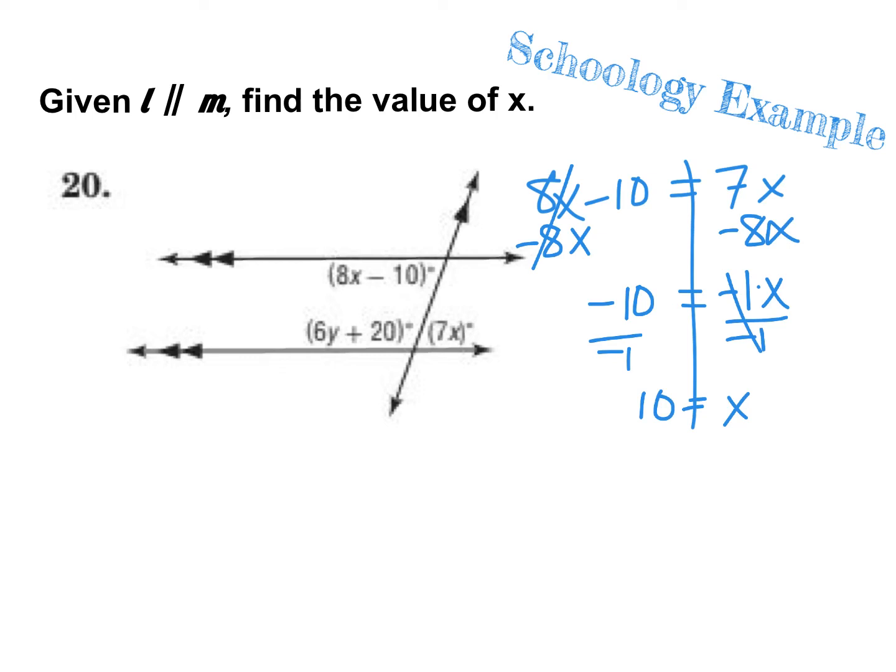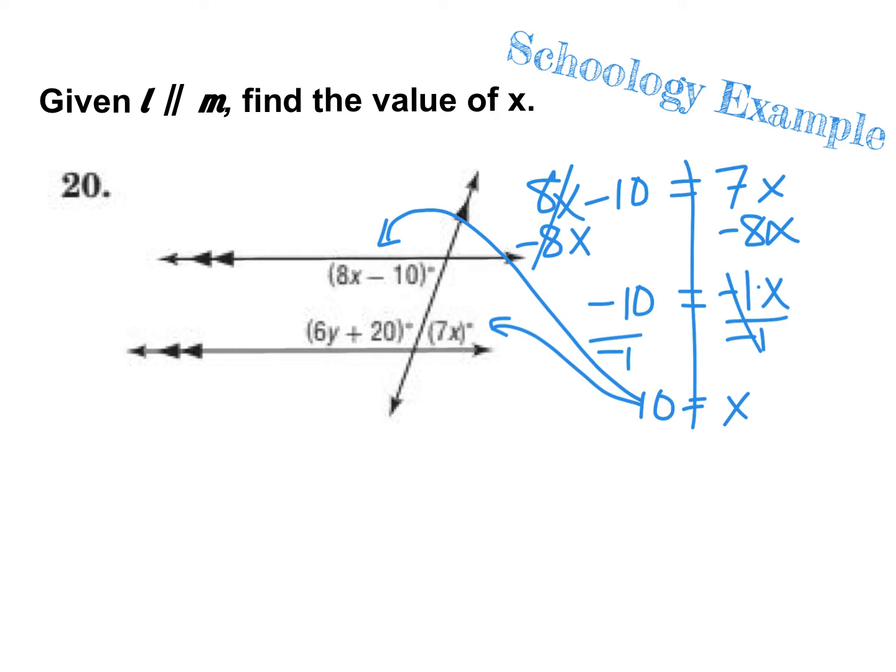Now, to find the value of y, how do we do that? Well, we can do two different things. I can plug my answer in here or in here to find one of the angle measures.